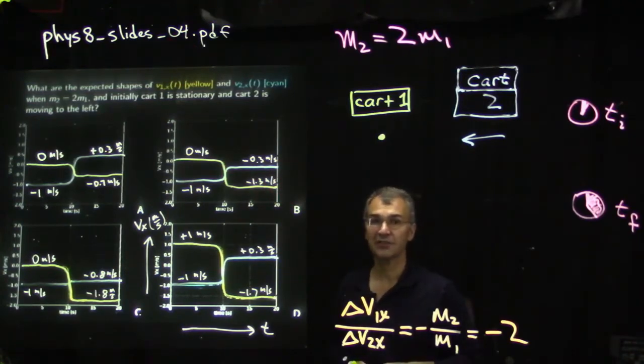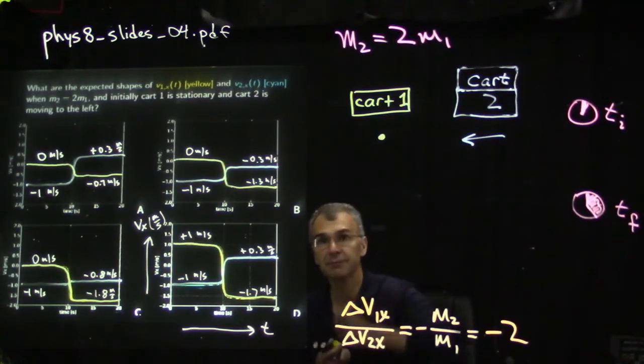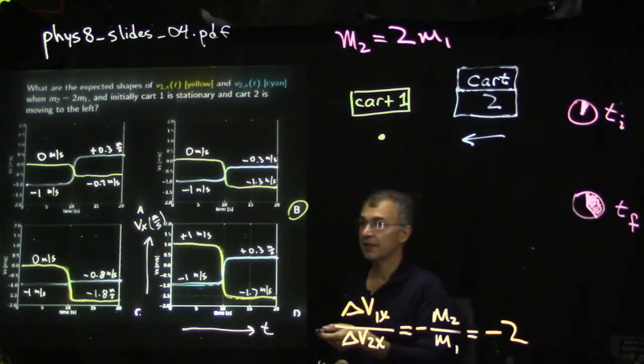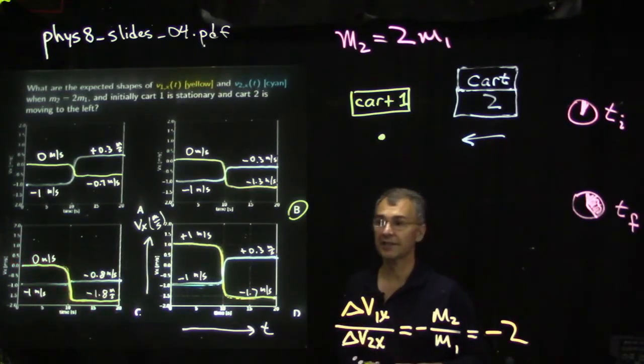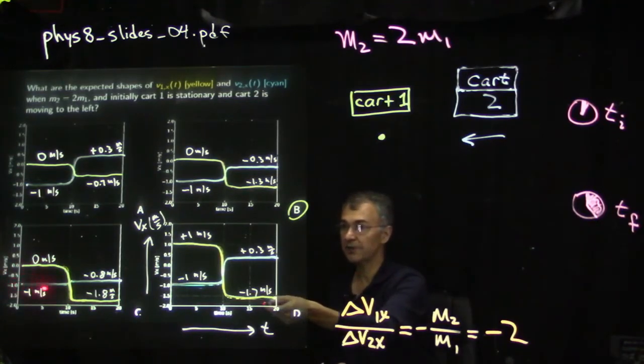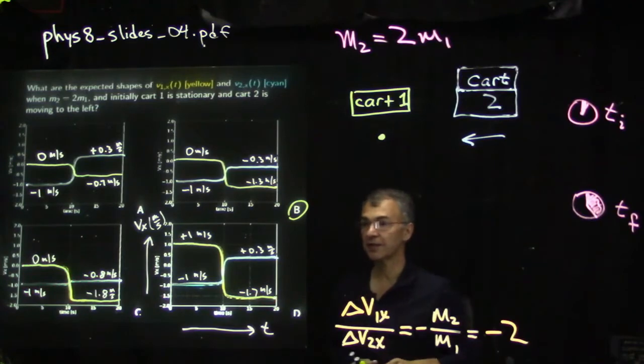Let's just look at C to be sure. We were pretty sure we liked B, but let's look at C. Cart 1 goes from 0 to minus 1.8 meters per second. That's a change of minus 1.8. Cart 2 goes from minus 1 to minus 0.8 meters per second.